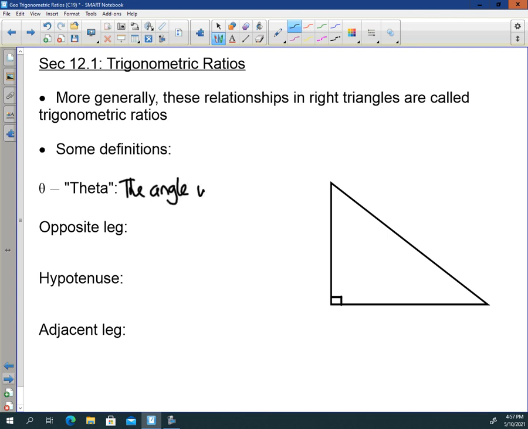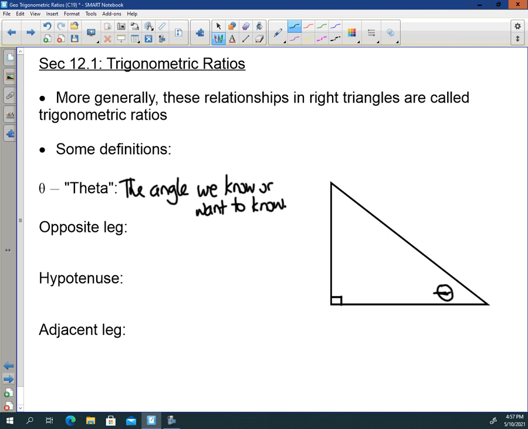Theta just turns out to be a variable, just like x is. In an algebra problem, theta is a variable, and it's some angle measure that we either know or want to know.